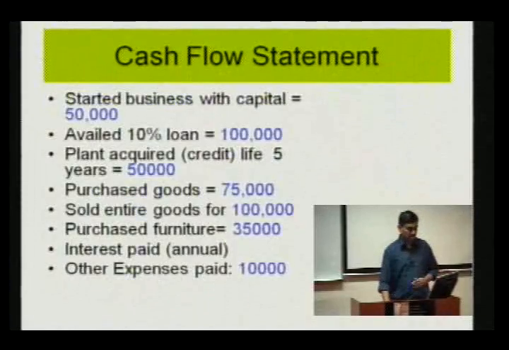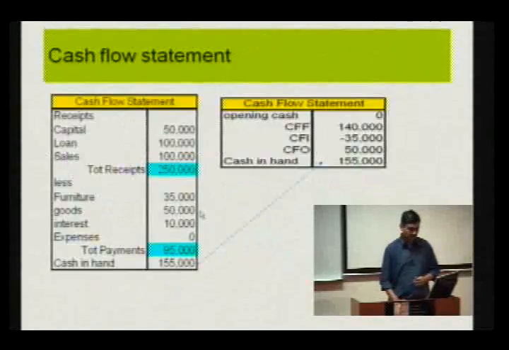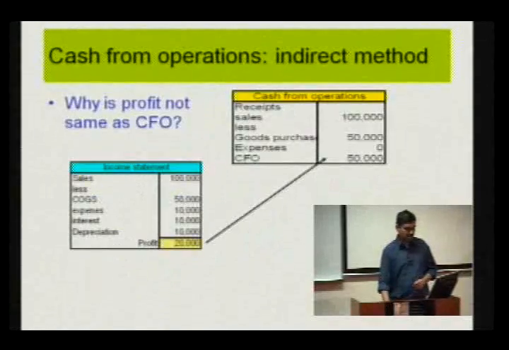So, for this information, first let us find the profit. The profit for this business is sales minus COGS minus interest minus expenses minus depreciation, that is the profit. But the CFO, as we have already seen, is sales minus goods purchased, 50,000.